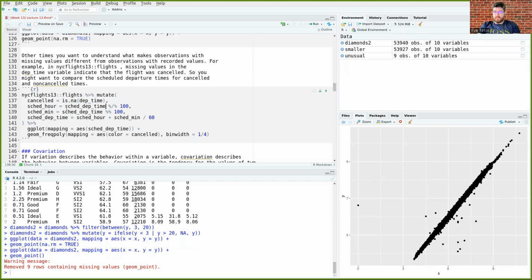Others will be calculated like this. We produce the scheduled departure time, meaning the hours and minutes, and the departure time itself.